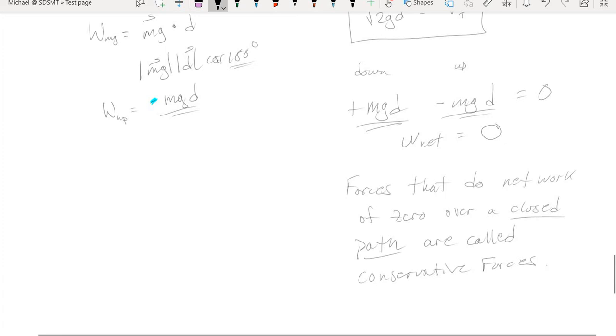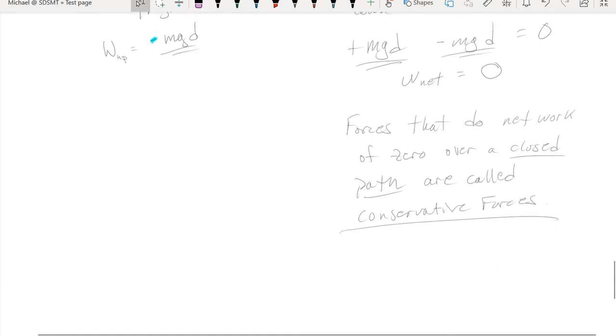Now we can look at other types of forces and we can ask, are they conservative, or what would be the alternative to being a conservative force? Well, there are such things as non-conservative forces. And these are going to be forces that do not do net work of 0.